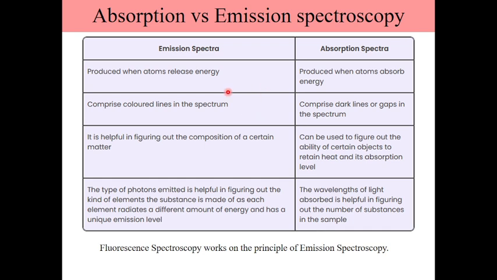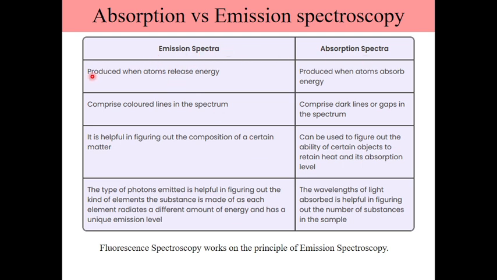If energy is reduced, then the wavelength will be higher. So light of a higher wavelength will be released by the molecule when the electron comes back to its initial ground state. Okay, so let us look at these differences.